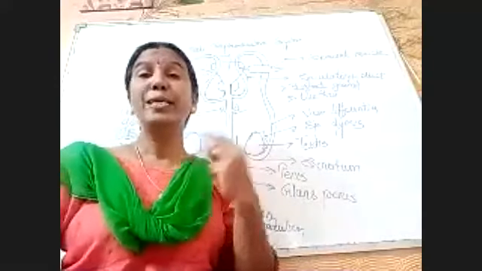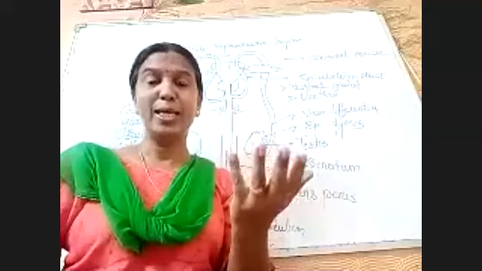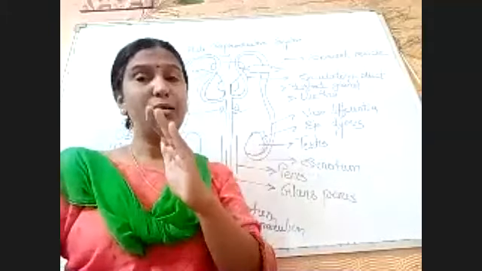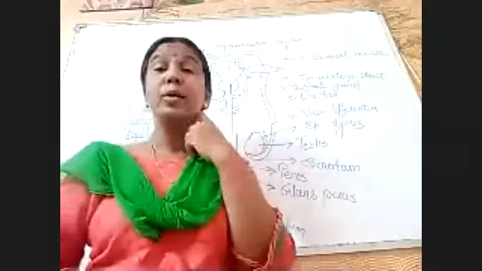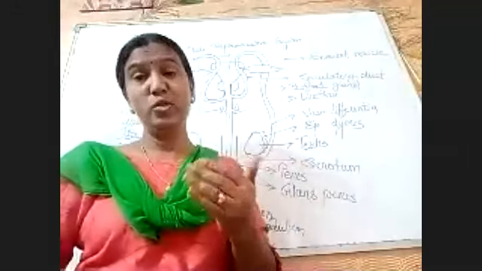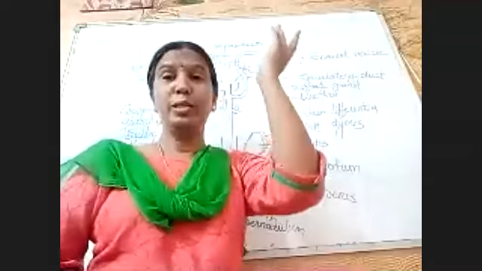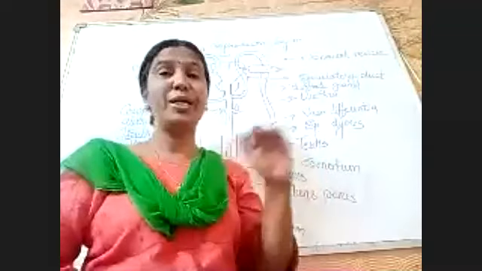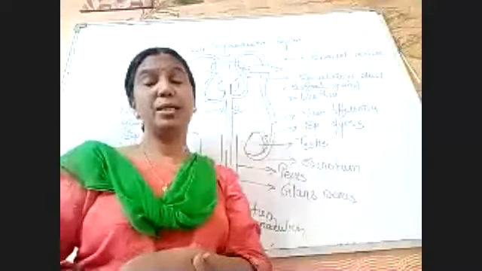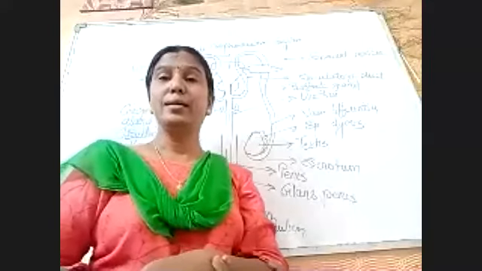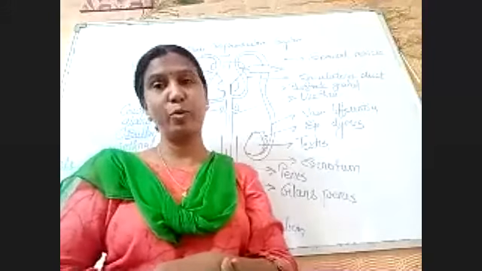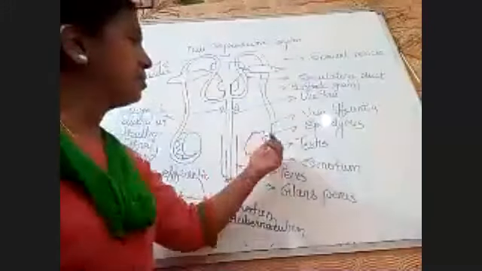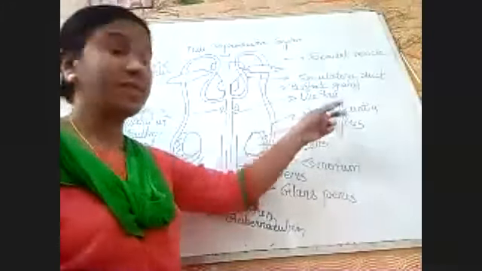Then before ejaculation, that is, before coming out, the sperms will be stored in this epididymis. The motility required to move these sperms is provided by this epididymis. So these are the functions of the epididymis, and because of them, it is very important. This epididymis will continue as the vas deferens.